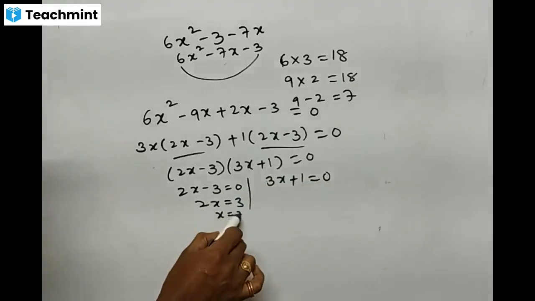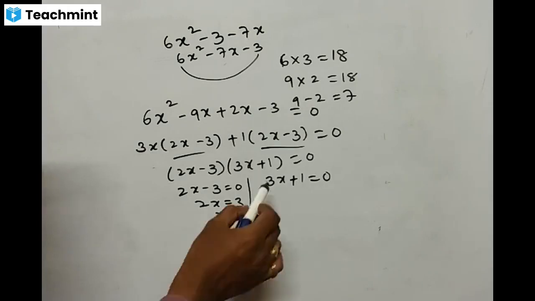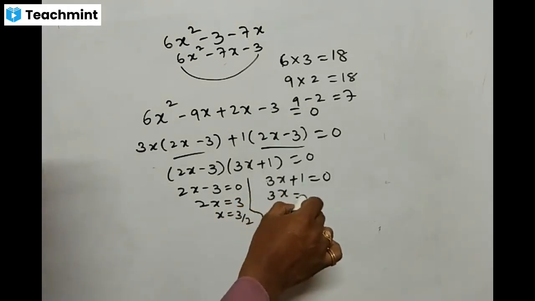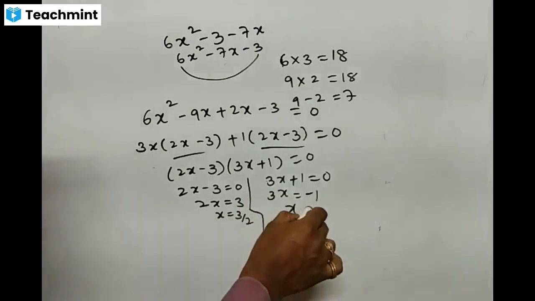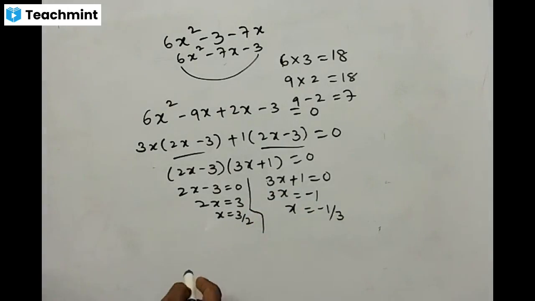Sir, here how did 6 into 3 come now, sir? We can take 6 into... The zeros are minus 1 by 3 and 3 by 2.